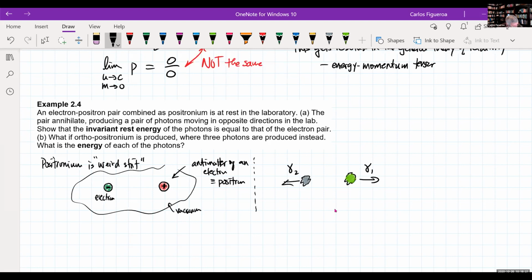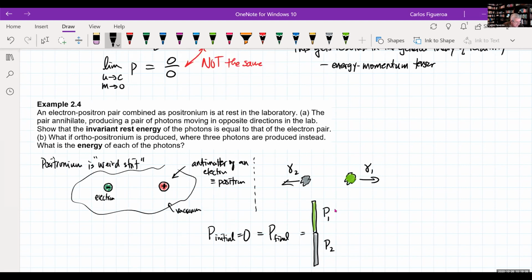So we look at the initial momentum, and it's 0. So that has to equal the final momentum. That means the momentum of one of these photons has to be in that direction, and the momentum of the other photon has to be in the other direction. And so you're literally saying that the momentum of the first photon and the momentum of the second photon have to go back to back.